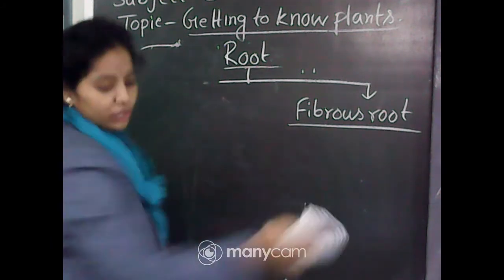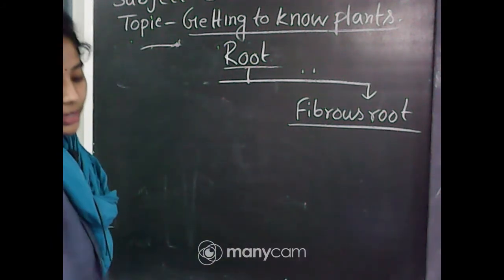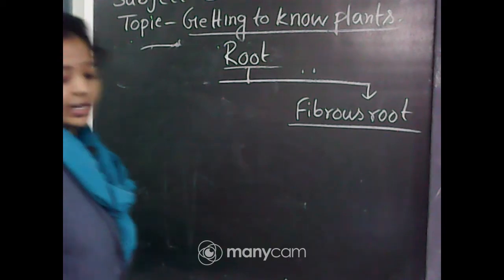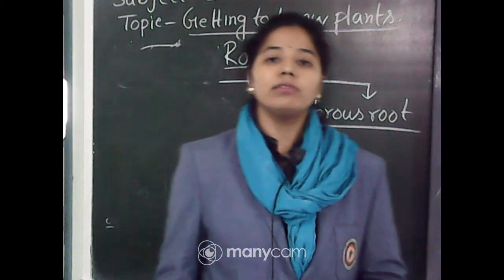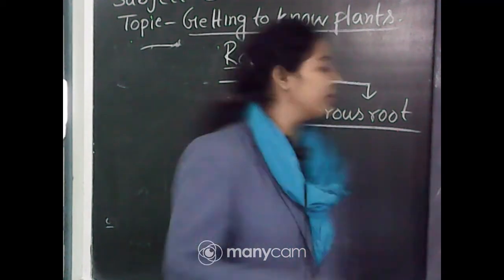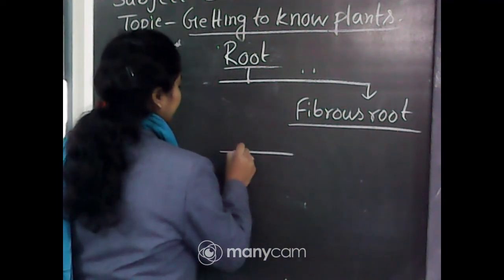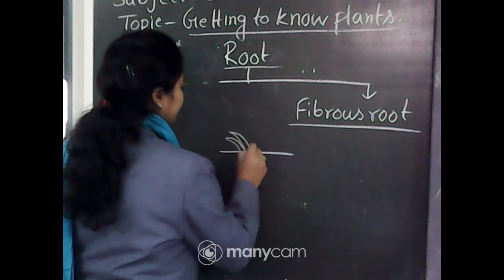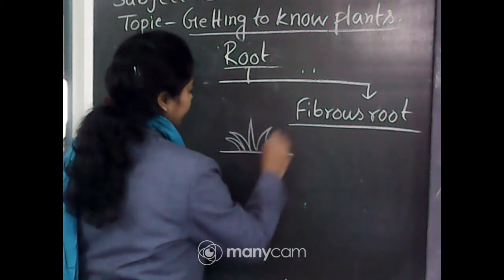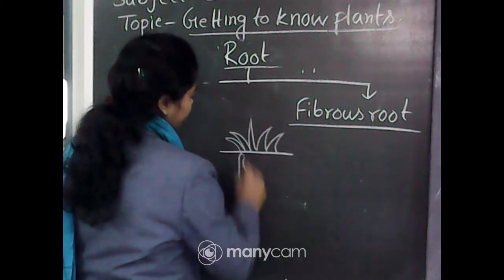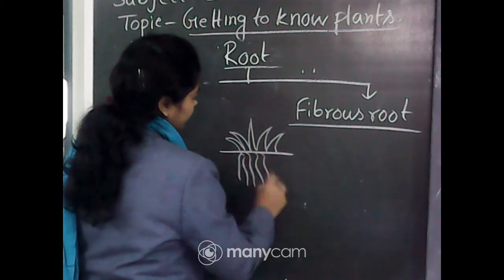In fibrous roots, in some plants the branches of the roots come out from the base of the stem. Fibrous root is mainly seen in grass-like plants.